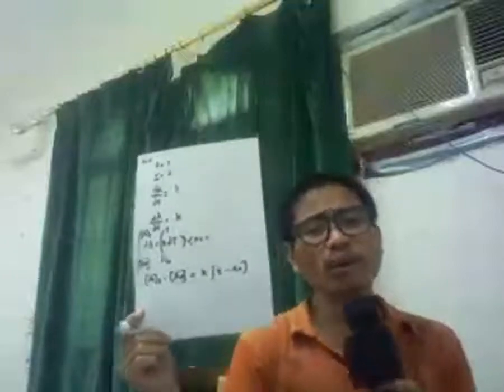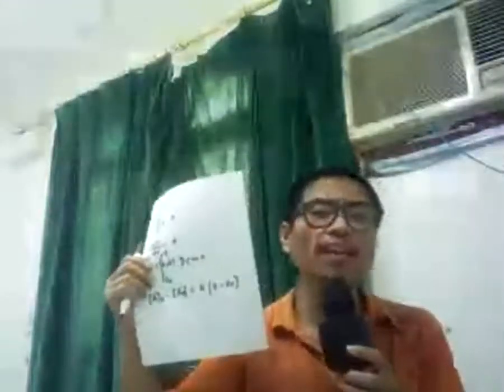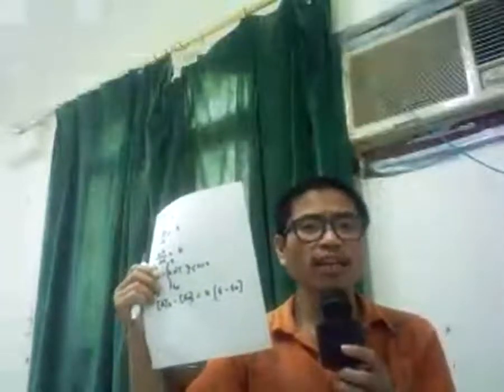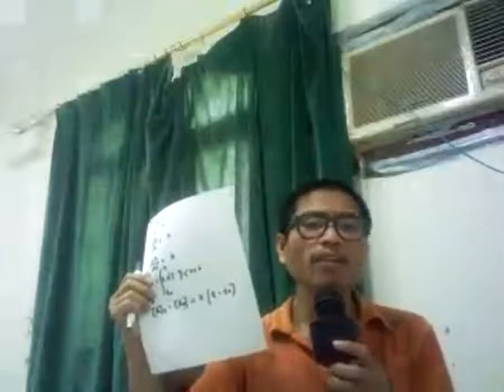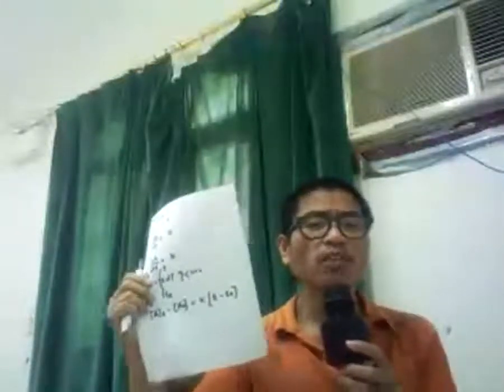The runner will position like this, and there's a gun, right? 1, 2, and then they will run like that. So before they run, position, that is t equal to 0. And then if it's starting to run, that is the duration, and then the final point will be the t, the finishing line for who is the winner. So that's our t final. So t final minus t initial, which is 0. If t is equal to 0, of course that is 0, so we will cancel this one.